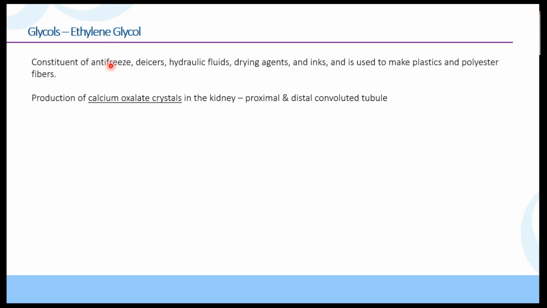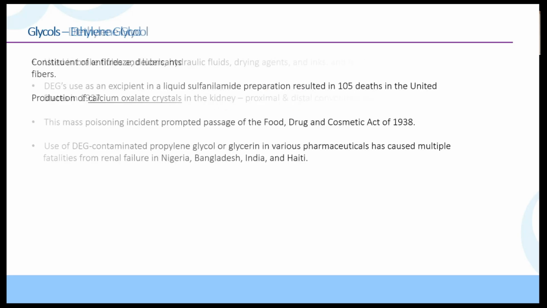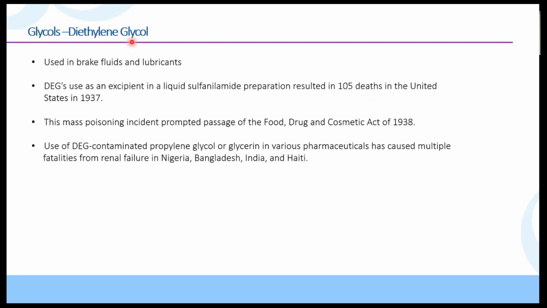This is a constituent of antifreeze, deicers, hydraulic fluids, drying agents, and ink, and is used to make plastics and polyester fibers. The production of calcium oxalate crystals in the kidney causes the toxicity. Then coming to diethylene glycol, this is used in brake fluids and lubricants.